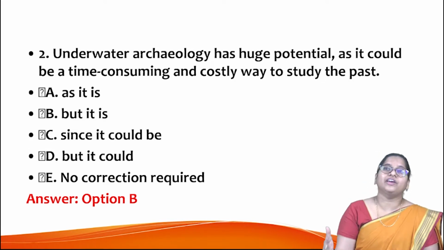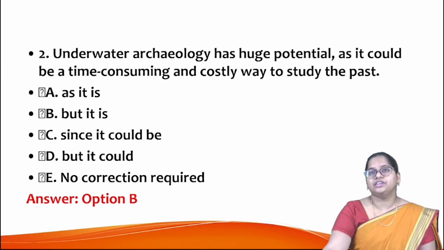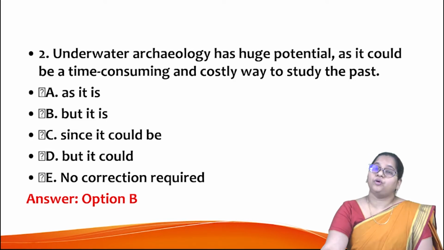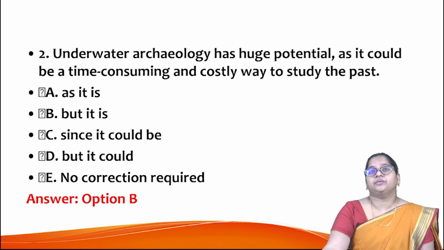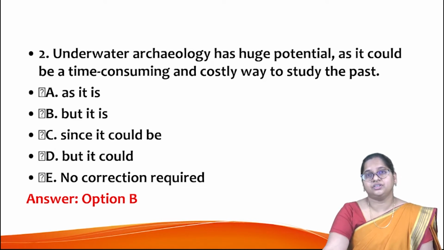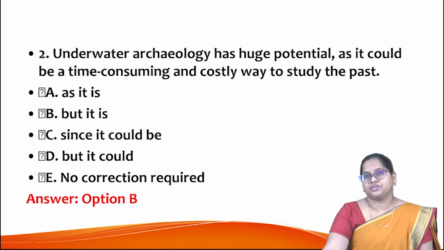So you're trying to look at the right reason. So what could be the reason for them? You can say underwater archaeology has huge potential, but it is a time consuming and costly way to study the past. So you don't say "since it could be."